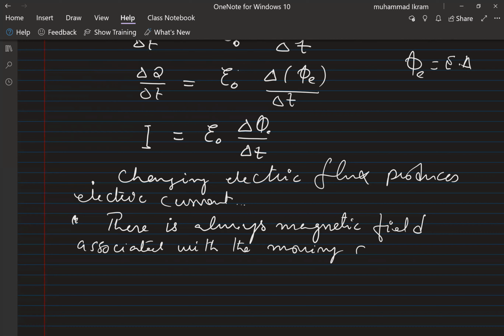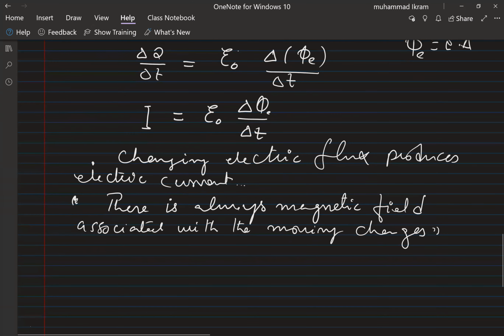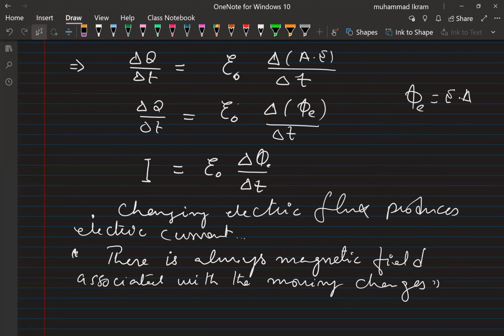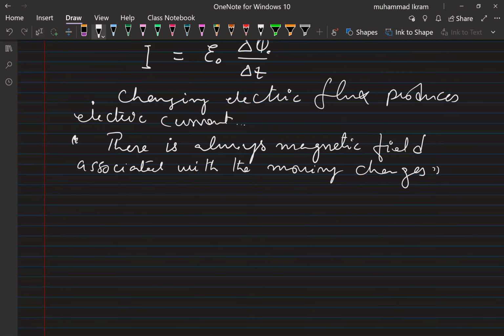And this is in fact the moving charges. Look, current is this thing. Clear? So when there is a current, there will be a magnetic field.